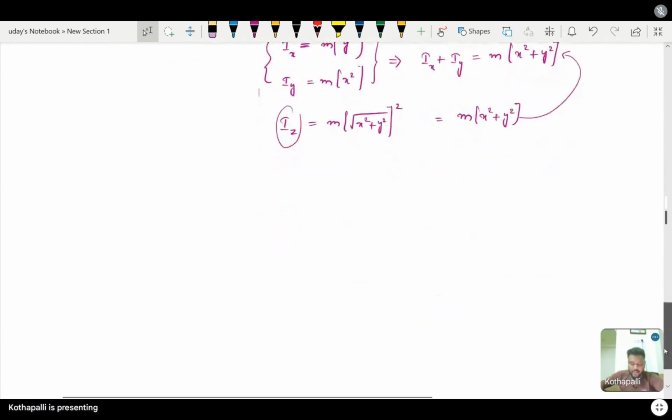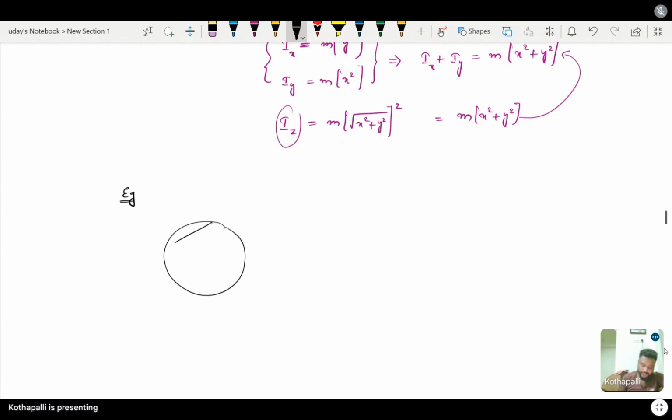An example, for this also I will give. A disk, with axis along x, axis along y, axis along z, mass m, radius r. Can you tell me the moment of inertia about x for this case?